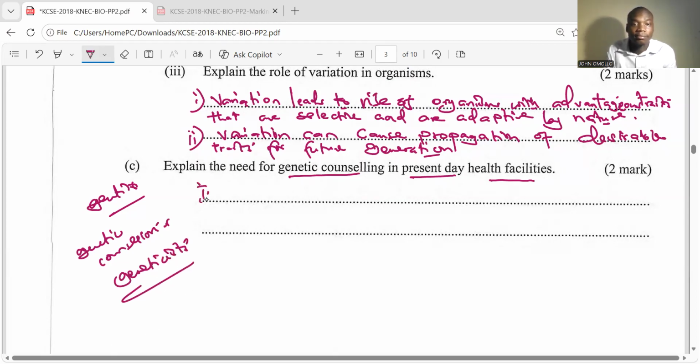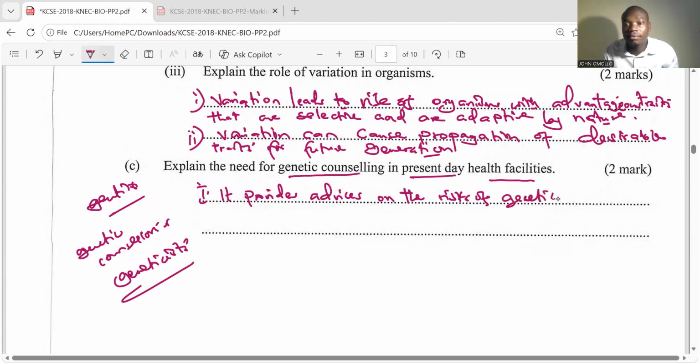Number 1, they provide advices on the risks of genetic disorders.